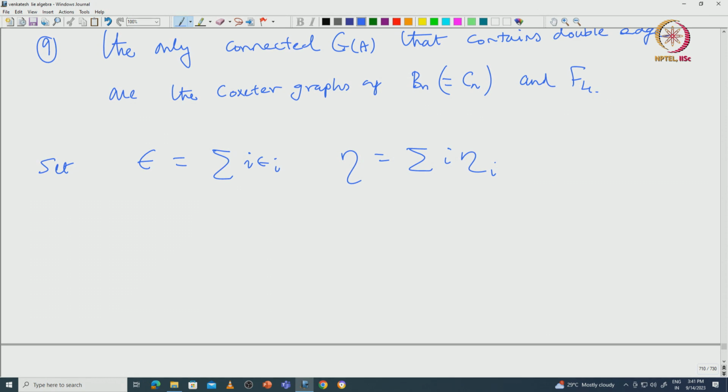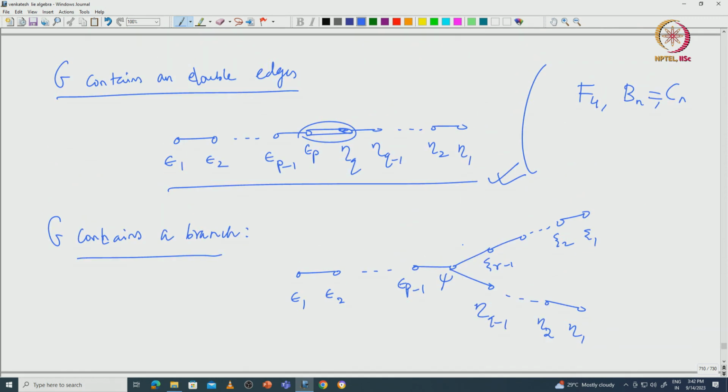So, note from the graph, the graph looks something like this, where epsilon p minus 1, epsilon p, eta q, eta 2, eta 1, this is the labeling that we had.